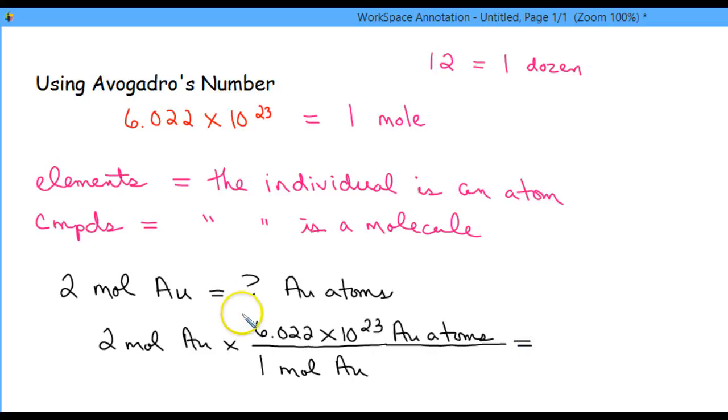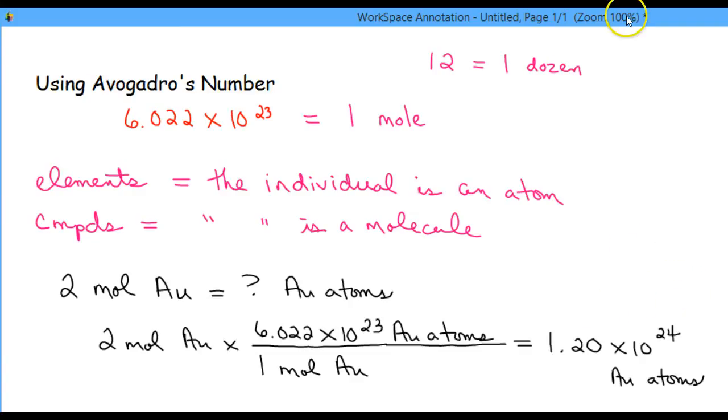Of course, make sure you put scientific notation in parentheses in your calculator. Multiply Avogadro's number by 2, and I'm going to round this a little bit: 1.20 times 10 to the 24th gold atoms. Which sounds like a pretty big number, but isn't really that many in the grand scheme of things.